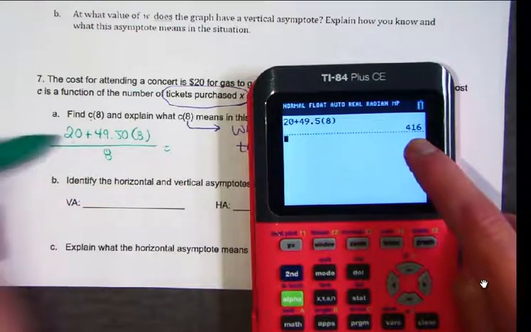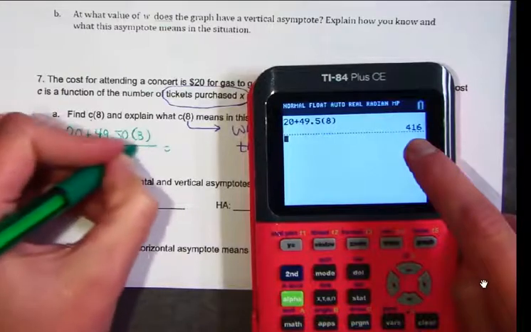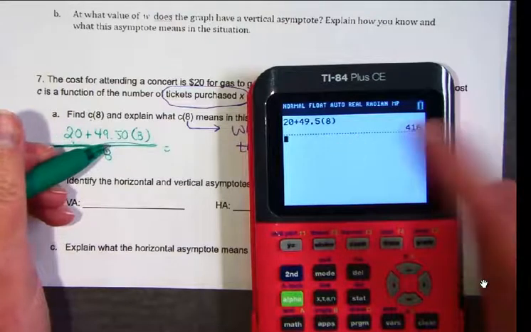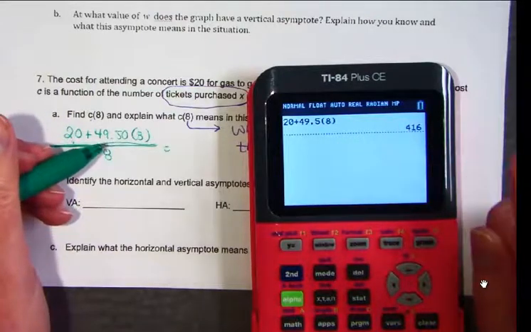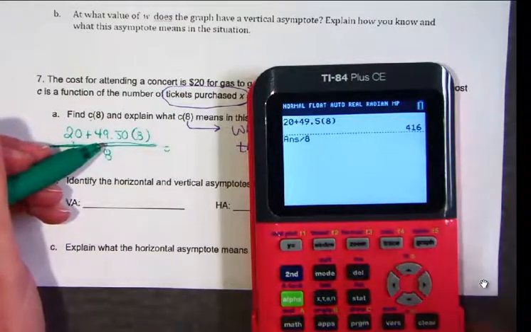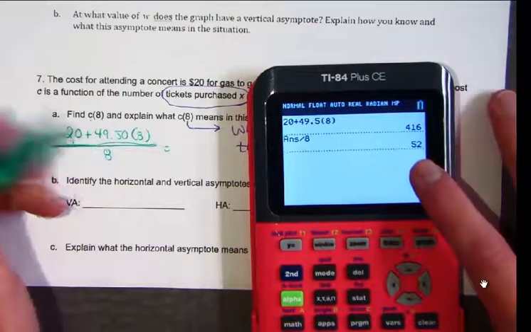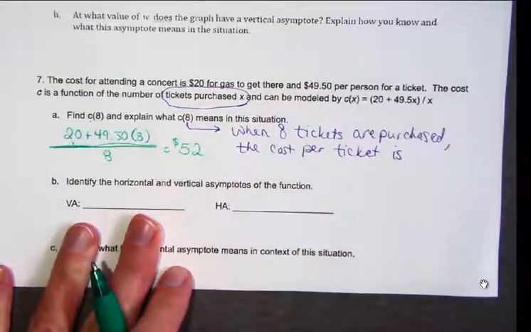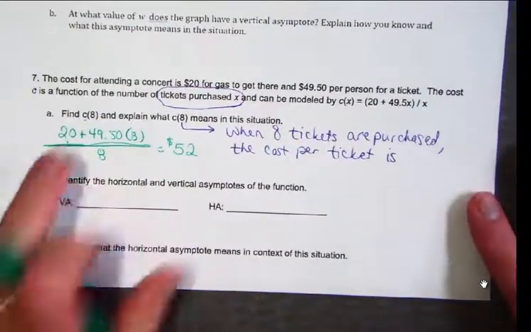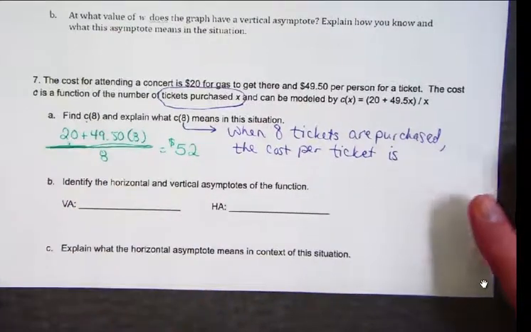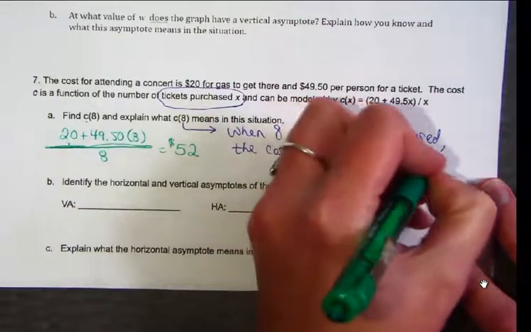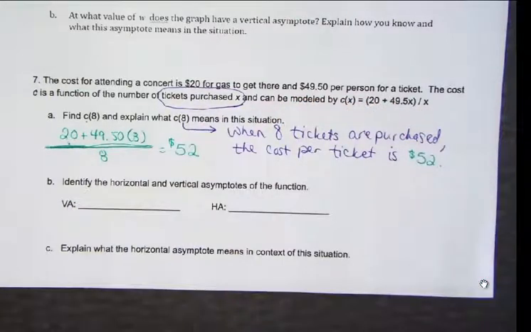That's for the 20 bucks of gas for the bus that's going to take us there, and then the per ticket going on there, $49.50. But I need to divide that total among the 8 tickets that we've purchased. And so that means if I charge $52 a ticket, I can cover both the ticket and the gas to get there. So when 8 tickets are purchased, the cost per ticket is $52.